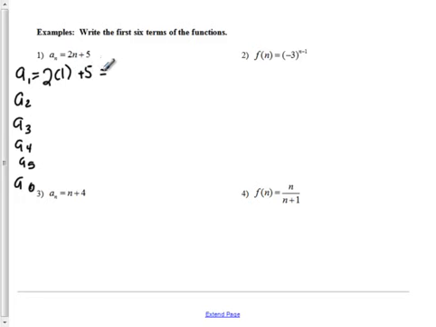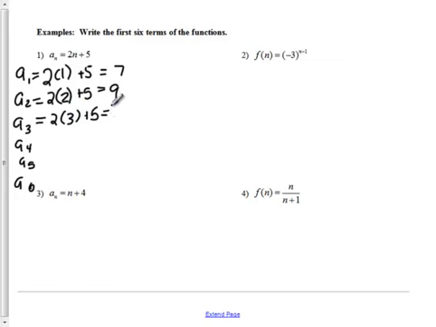So 2 times 1 is 2 plus 5 gives us 7. Keep plugging them in. Wherever we see n, we plug in the value. So 2 times 2 gives us 4 plus 5 gives us 9. We look over here again. 2 times 3, wherever n is, plus 5.